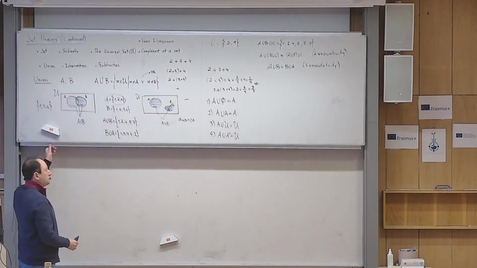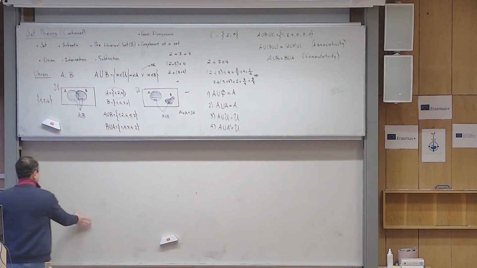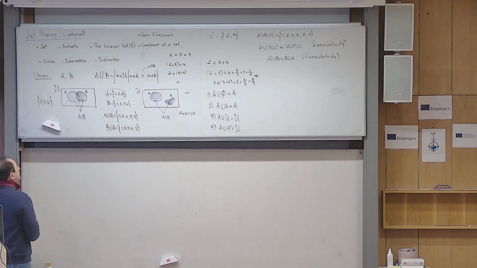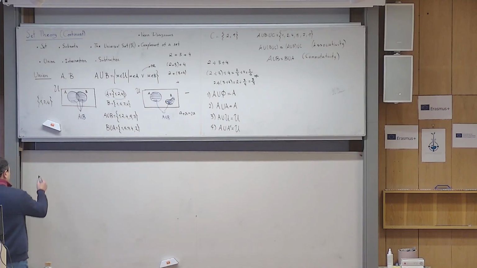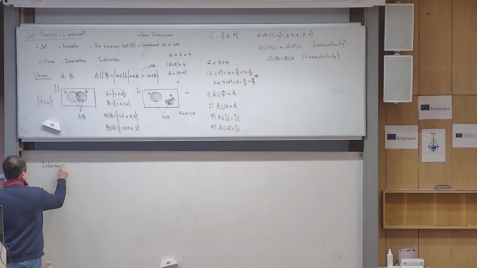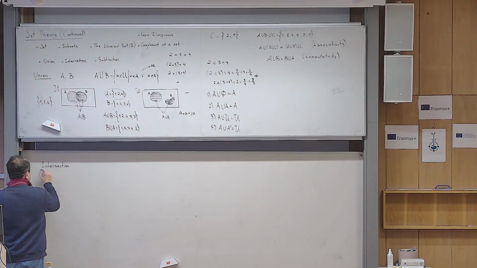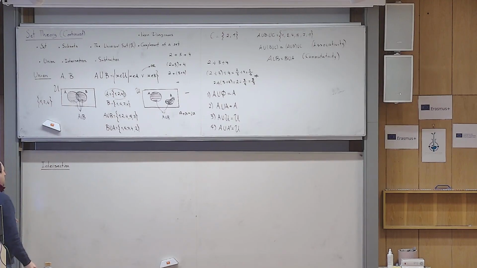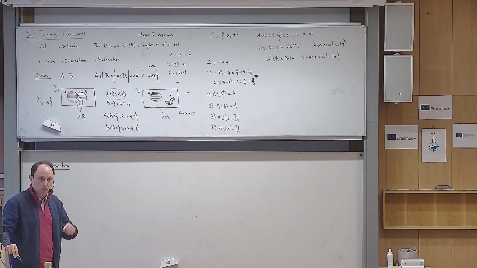Okay, the second operation that we want to talk about is the operation of intersection. That's also a good name, like union. Maybe you can guess the meaning of intersection. Intersection means the elements that are in common in both of them.